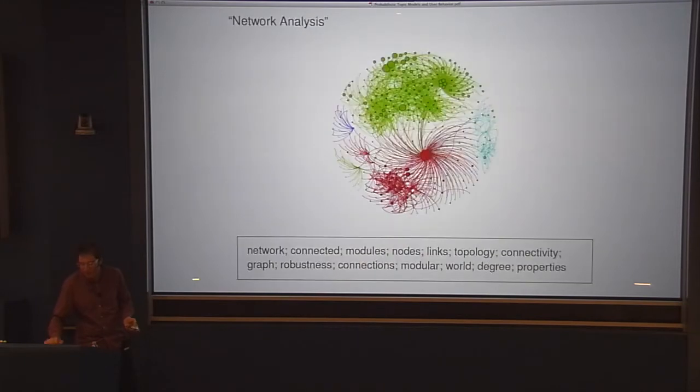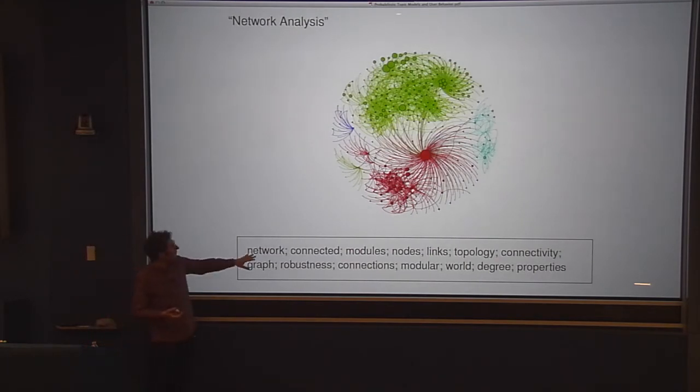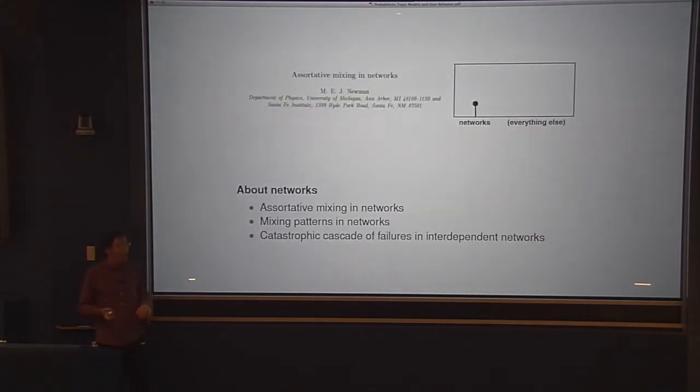Okay, so let me be concrete with our data set. We analyzed that big Mendeley data set. Here's one topic from that data set: words like network, connected, modules, nodes, links, topology, connectivity, graph, robustness, connections, modular, world, degree, properties. This topic is about network analysis, the modern field of statistical network analysis. What can we do? Well, one thing we can do is the same thing we can do with LDA.